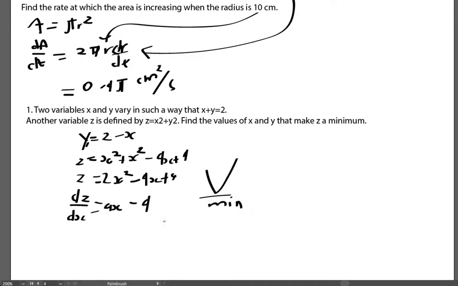So therefore, at what point will this be equal to 0? This is when x equals 1, y equals 1. This would be the minimum. So this is the solution.